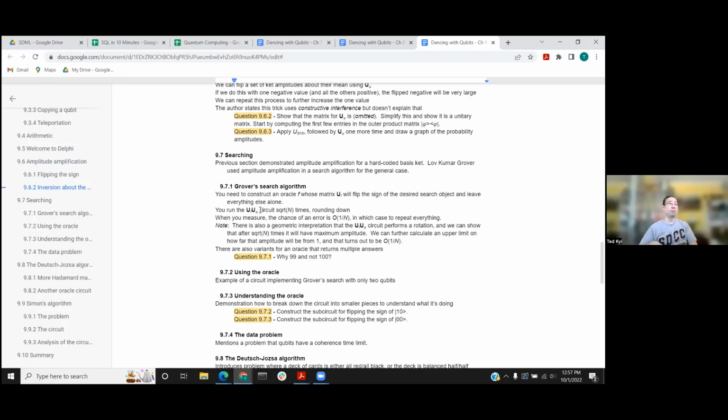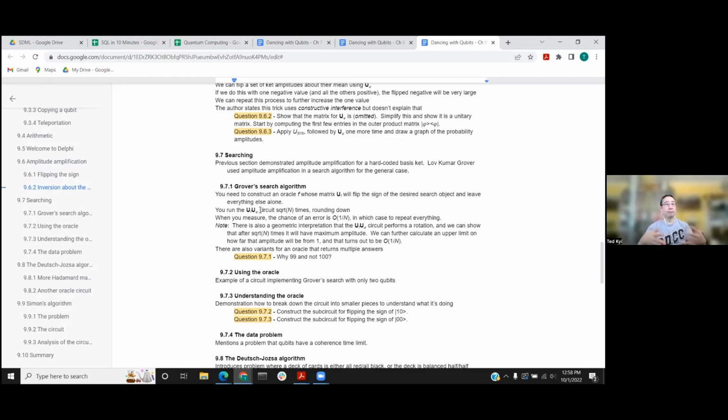Do it again, this gets bumped up to 0.3, and those other ones get bumped down to 0.04, something like that, okay? And so if you run this enough times, you can imagine that what you wind up with is the thing that the oracle says meets its condition, now when you measure it, has a probability of 0.99, and all the other ones have a probability of 0.001.